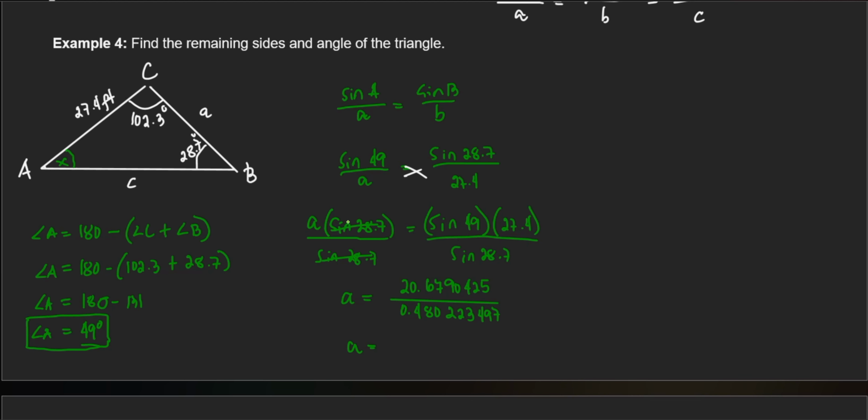So we have 43.06. Now the given unit, that is feet. So the side a is equal to 43.06. Okay?